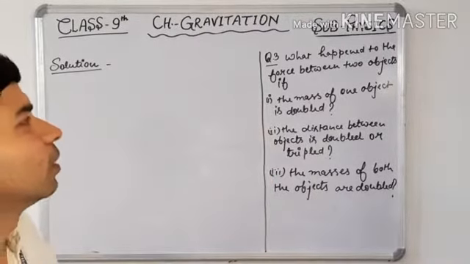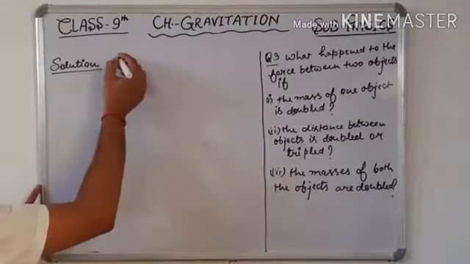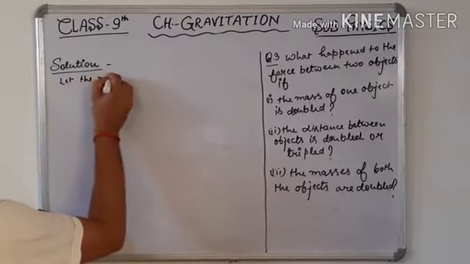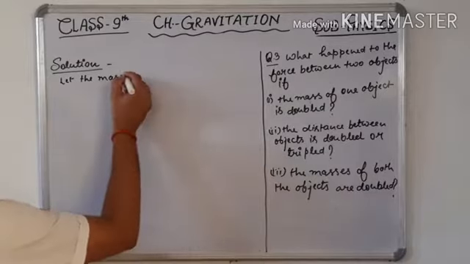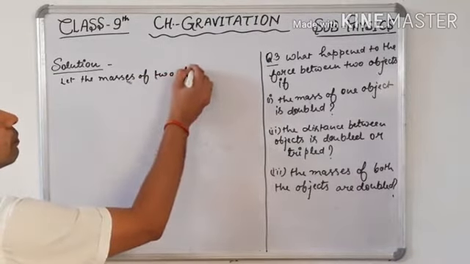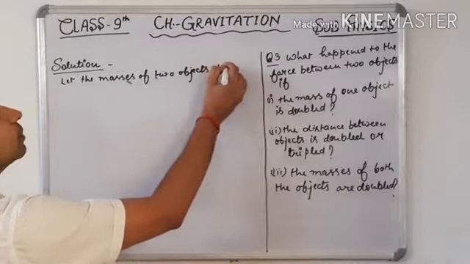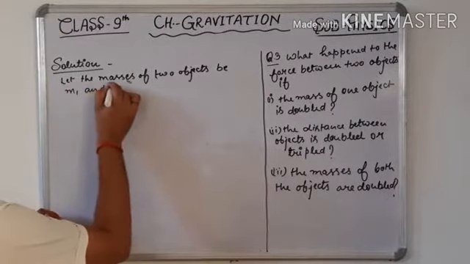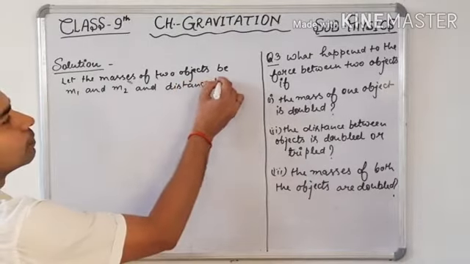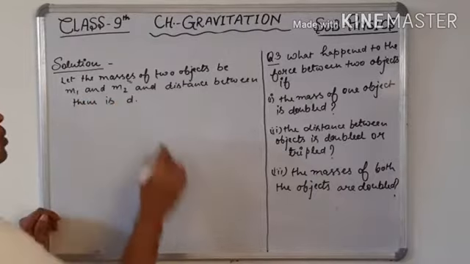Now see how to write this. First we will consider, let the masses of two objects be m1 and m2, and distance between them is small d.